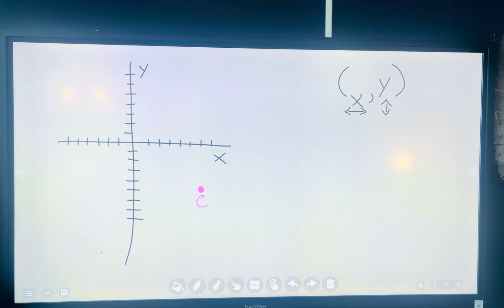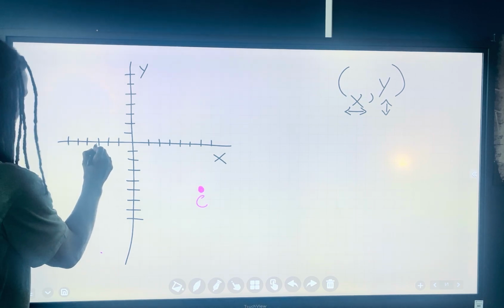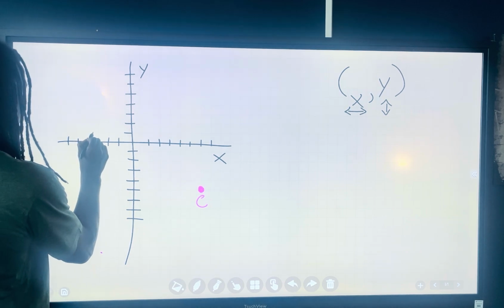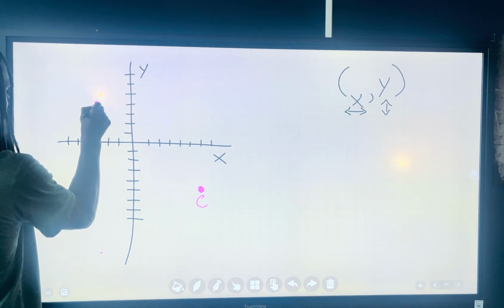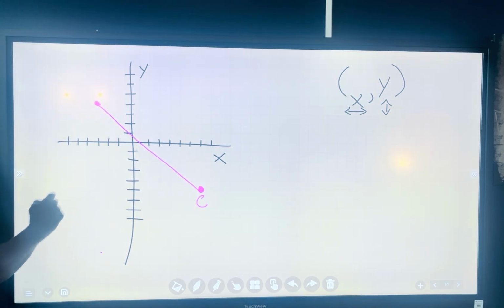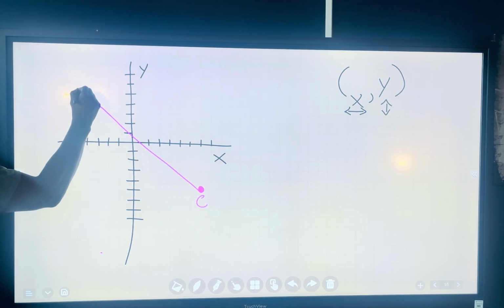And then we got another point at negative 3. Boom. So here's our line segment, point C and point D.